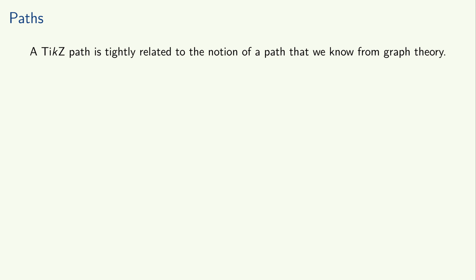Now that we have nodes, we also want to deal with paths. We could also call them edges, but everything we can do with edges, we can do with paths, I believe. So a TikZ path is tightly related to the notion of a path that we know from graph theory.